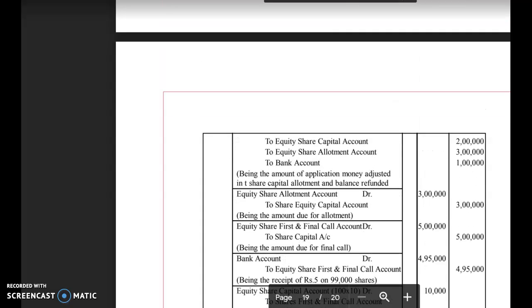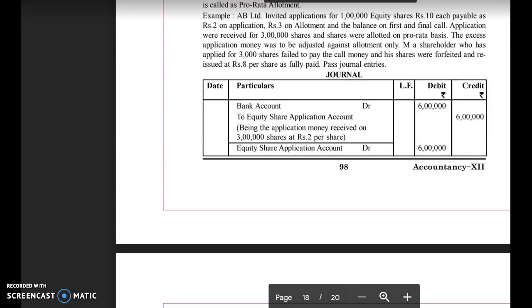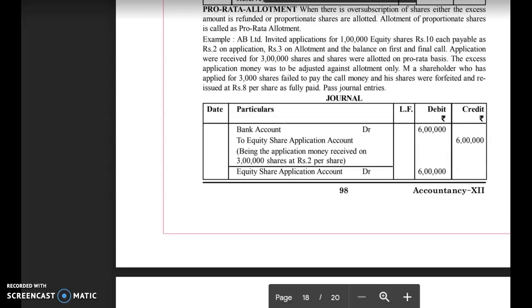Now again, understand and read the statement. What does the statement say? M, a shareholder who has applied for 3000 shares, failed to pay the call money and his shares were forfeited. A very, very important thing here: you have to calculate how much money has not been received from M. How will you calculate it?